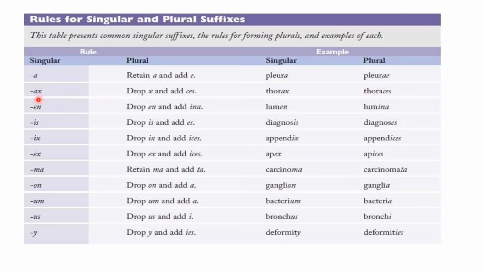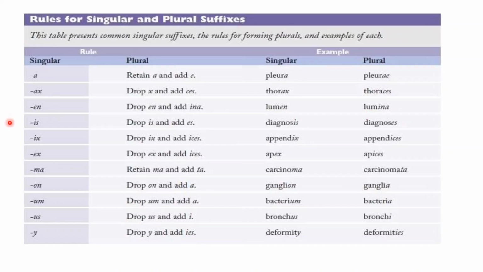Another example: if the singular suffix is -ax, drop x and add -ces. For example, thorax, and the plural will be thoraces. Another example: if the singular suffix is -en, drop en and add -ina. For example, singular lumen and the plural will be lumina.